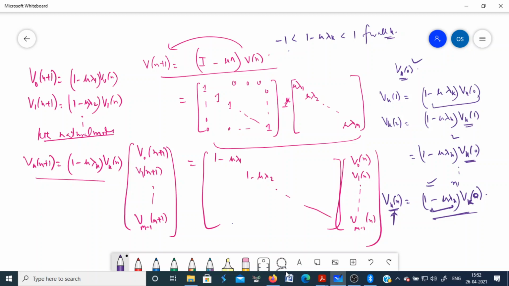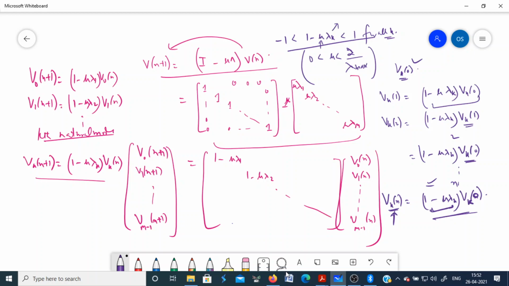So this common ratio should be less than 1. Alternately, you can say that if this is the condition, then mu should be between 0 and 2 by lambda max, where lambda max is the maximum eigenvalue.